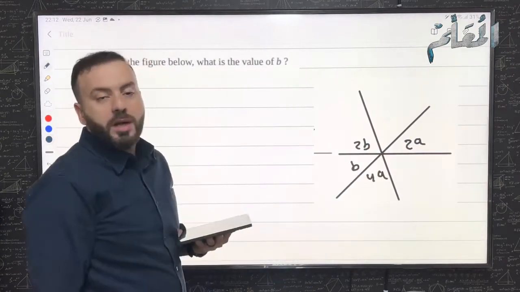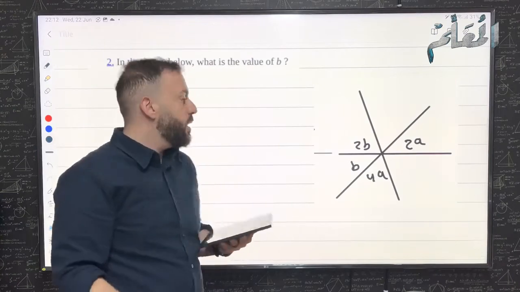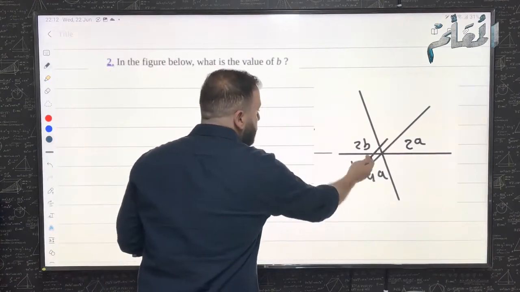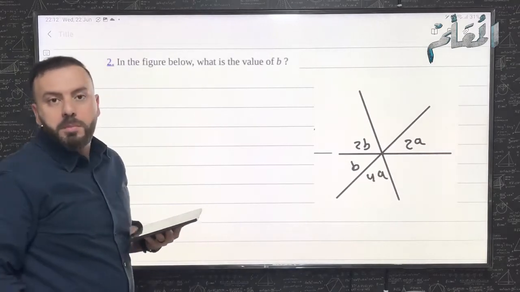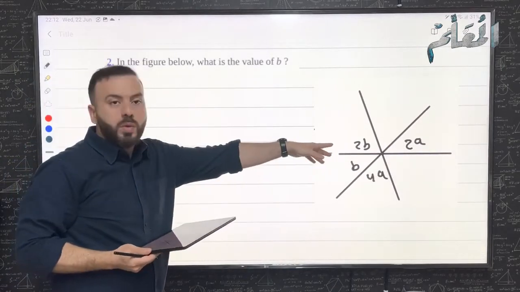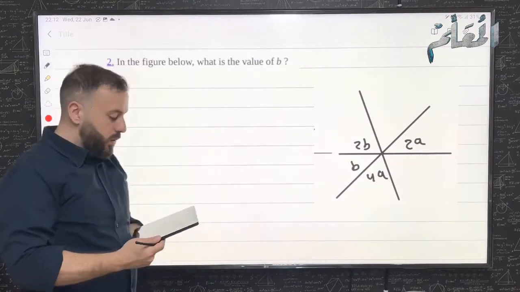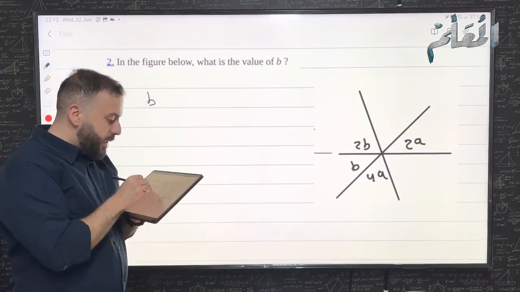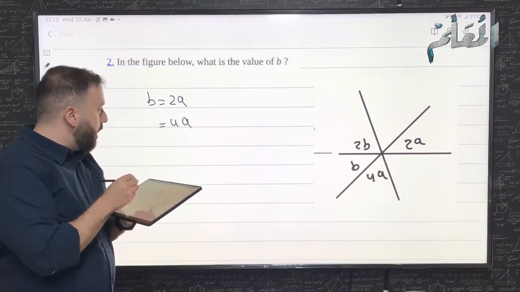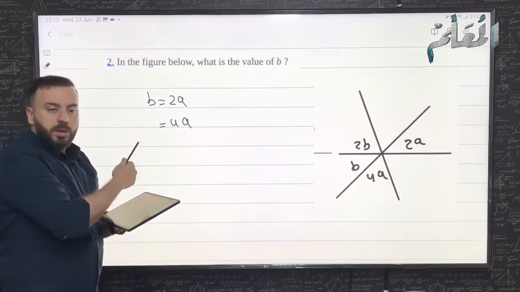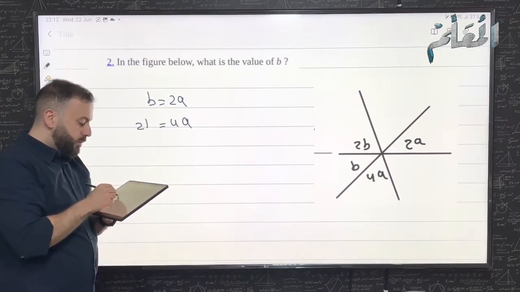But what's the trick, and how can I find B in this case? I know an easy way: B is equal to 2A. So if B is equal to 2A, it means that 4A is equal to 2B, right?